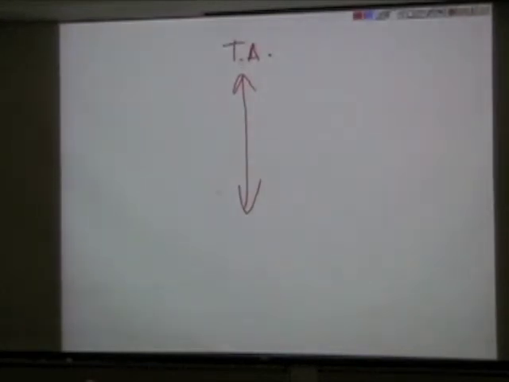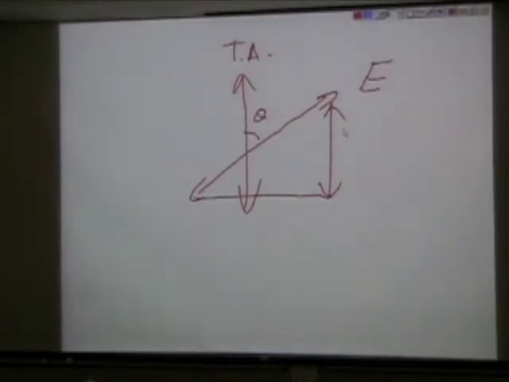And again, now we can consider the electric field at an arbitrary angle to the transmission axis. Now, again, we can introduce two components. One component is parallel to the transmission axis. One component is perpendicular to the transmission axis.